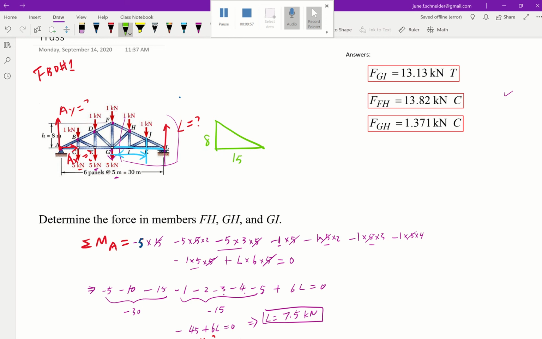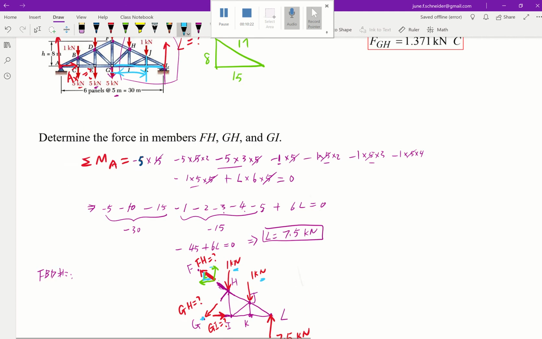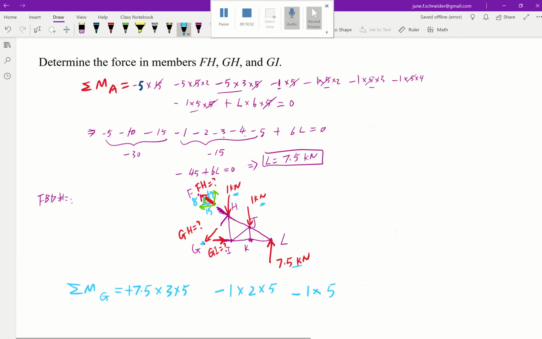And this is 8, right? So then what's going to be our hypotenuse? 15 squared plus 8 squared, and then take a square root, happens to be 17. So this is an 8, 15, 17 triangle. Then I can label that on my FH here: 8 is vertical, 15 horizontal, 17 is our hypotenuse.